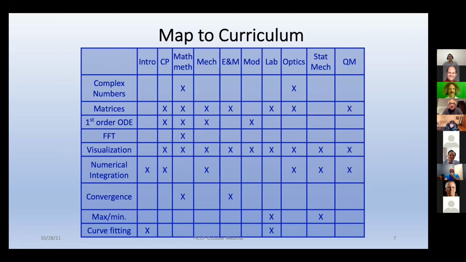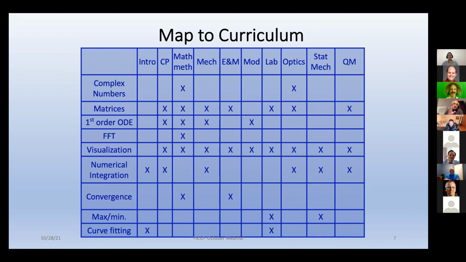Some aspect of visualization one sees in every course. Similarly, numerical integration comes up in a lot of different courses. On the other hand, you can see that it is not complete because, for example, complex numbers don't appear under quantum mechanics. It's a bit hard to do quantum mechanics without complex numbers and phases and things of that sort.